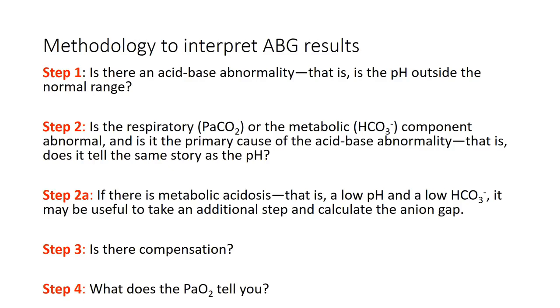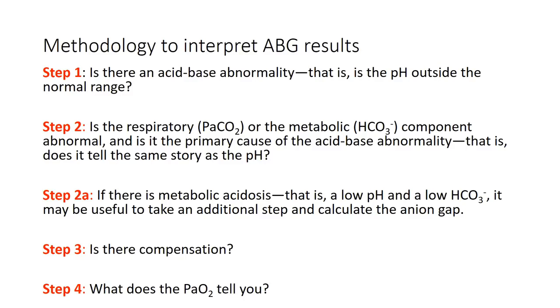So which fits with the picture? As in, does it tell the same story as the pH? If there's a metabolic acidosis, step 2A, we're going to consider taking an additional step and calculating the anion gap. This can be useful to tell us a potential cause for the metabolic acidosis and how unwell the patient is.